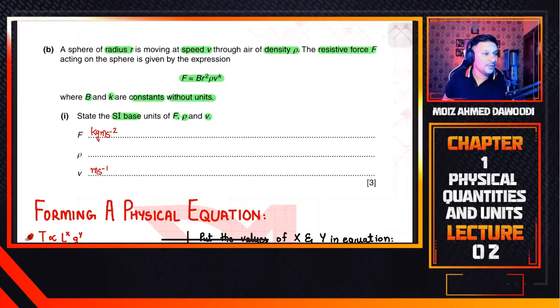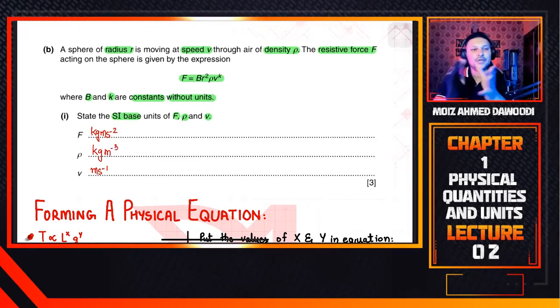While when you talk about density, the base unit of density is, yes, Iman. Sir, it's kg m minus 3. Yes. So these are the base units of these three quantities which the examiner asked. This is how you can define base units.